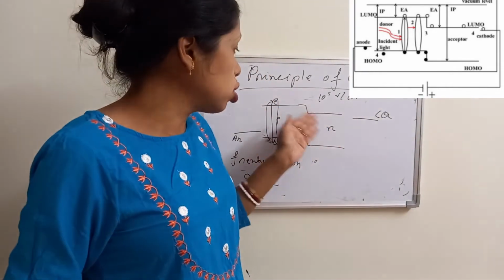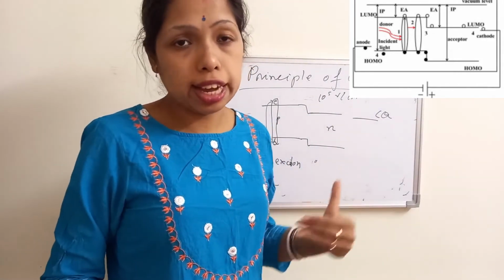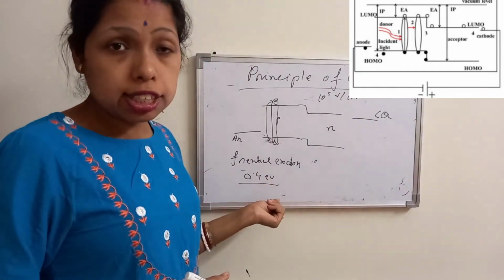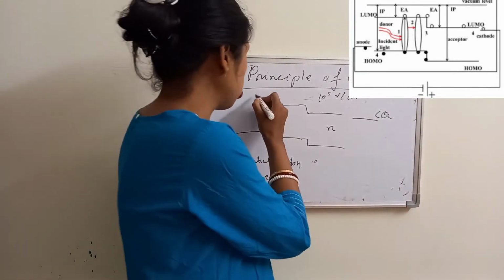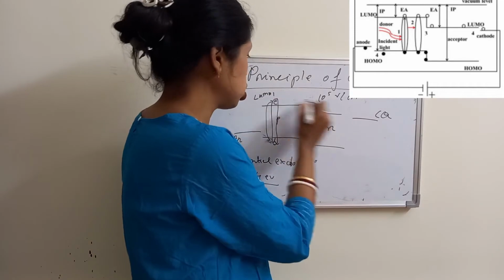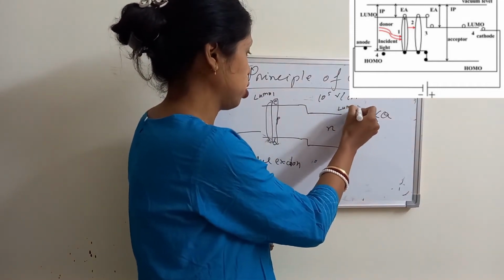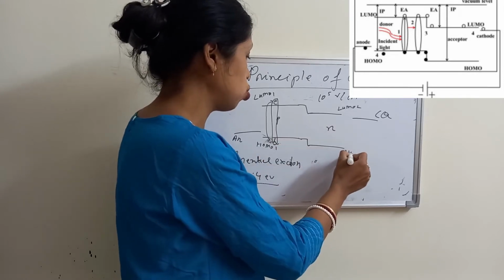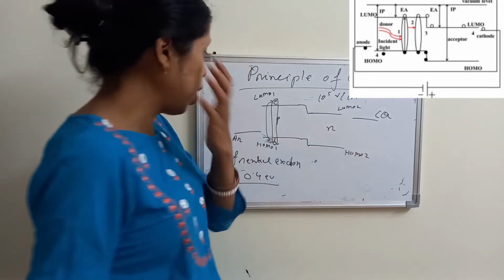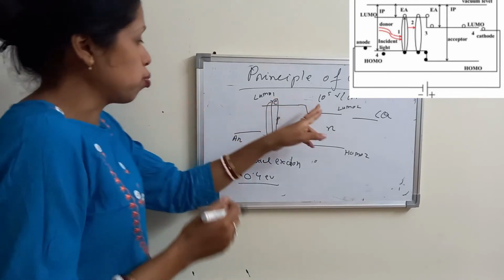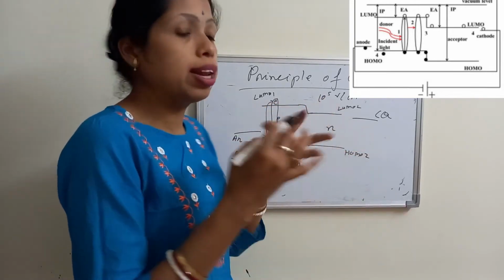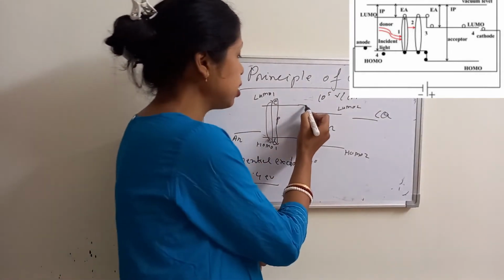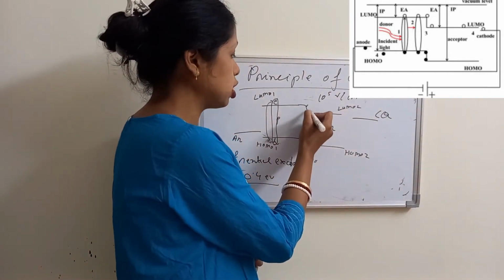What kind of energy levels should be there to break the exciton? This is called LUMO 1, I suppose. This is LUMO 2, and this is HOMO 1, HOMO 2, right? We need some electric field to break the exciton. How will we get it? At the interface, due to the energetic difference.